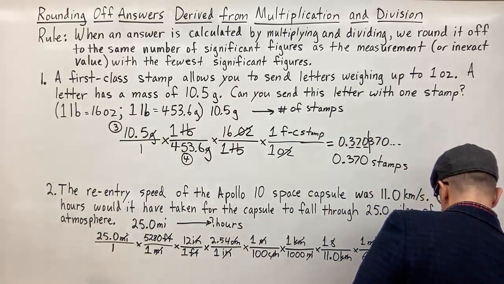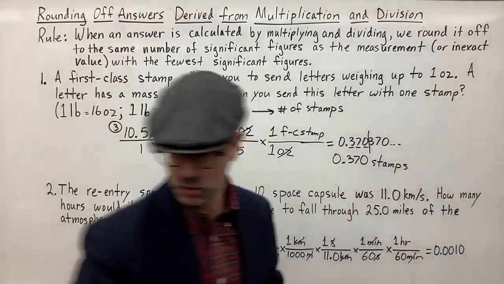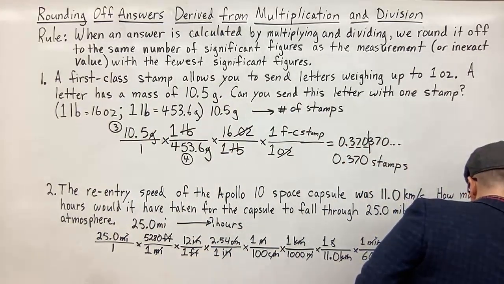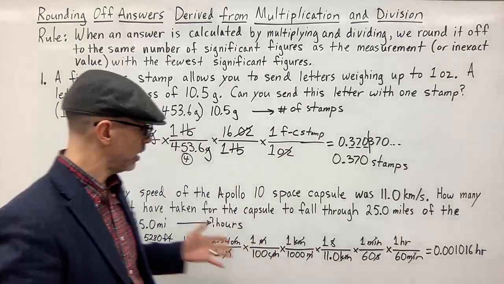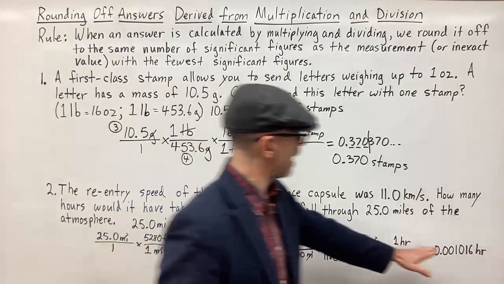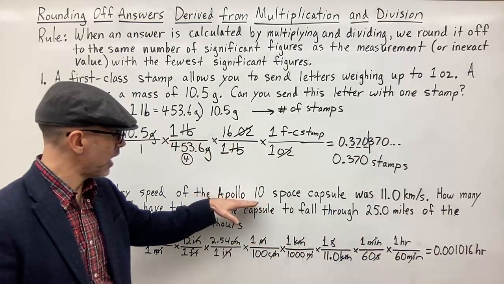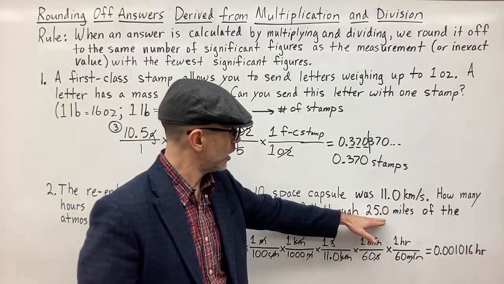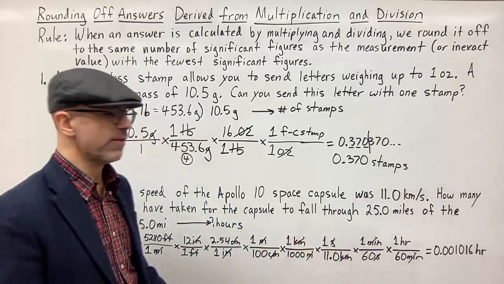So 0.001016 hours. So this is the number of hours it would take for the Apollo 10 space capsule to travel 25 miles.